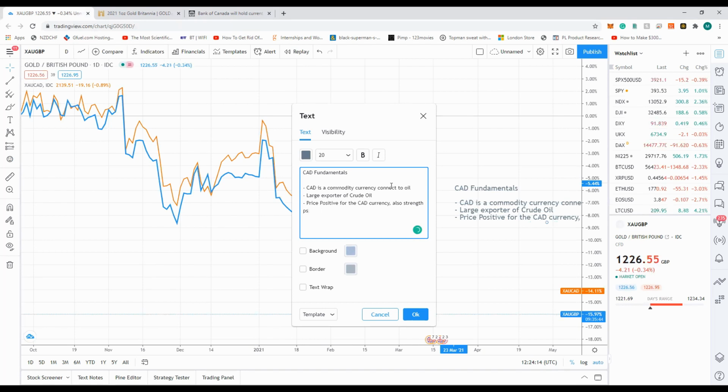So because there's strength positive and also currency positive, this is what we find going forward with the Canadian dollar. Now, what's the biggest thing here? I'm going to explain. I'm going to put the fundamentals of the pound, and then after we can compare the two.